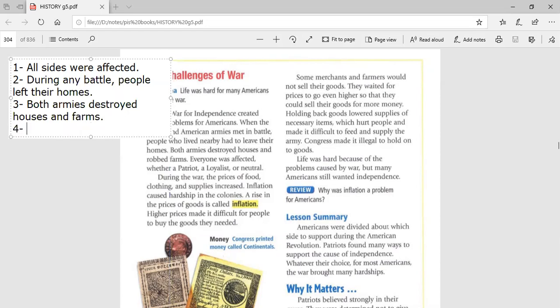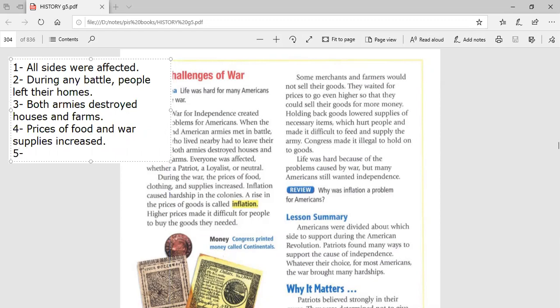Prices of food and war supplies, guys, increased.